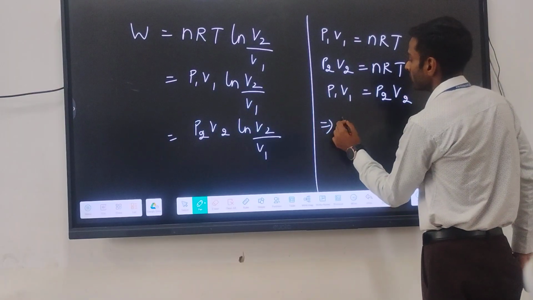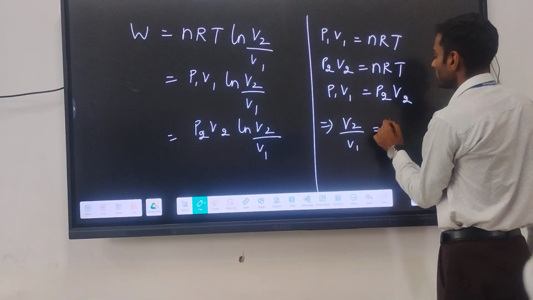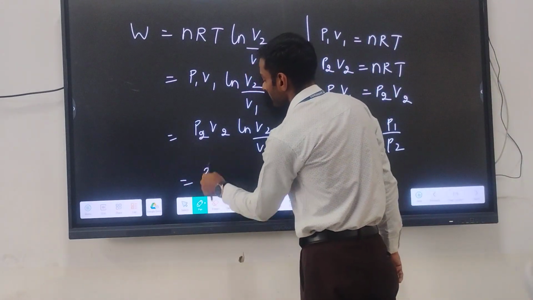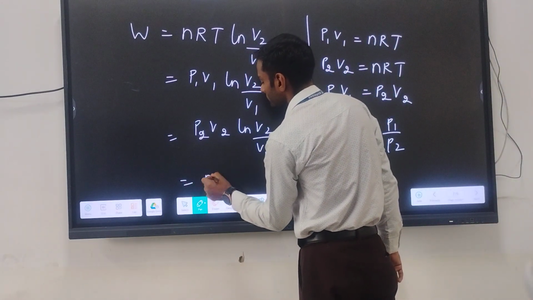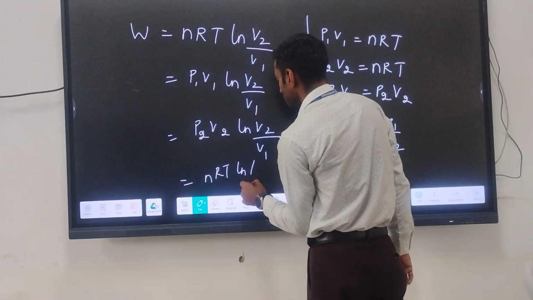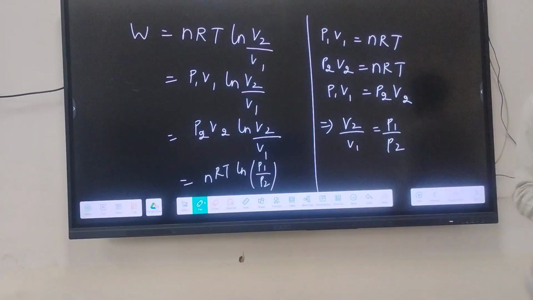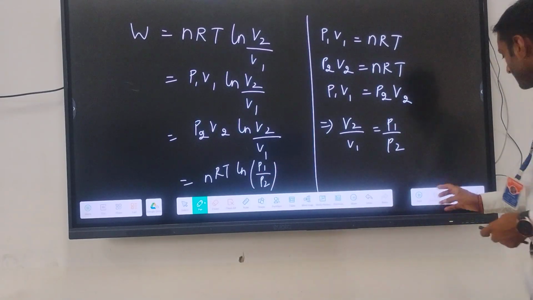This implies V2 upon V1 is equal to P1 upon P2. So it can also be written as nRT ln(P1 upon P2). So all are important, students.